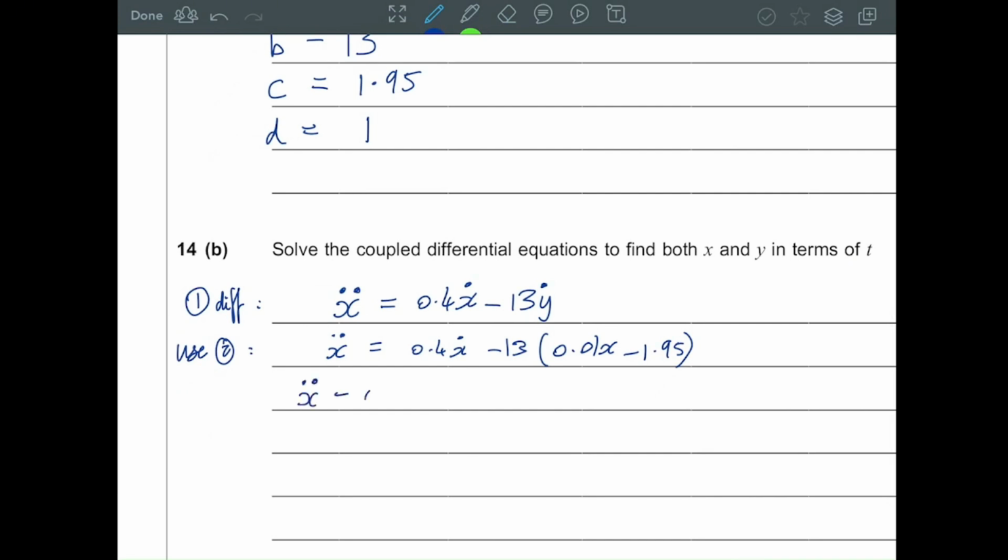So let's rearrange it to make it look like a second order differential equation. Plus 0.13x equals 13 times 1.95, 25.35. So now our auxiliary equation tells me lambda squared minus 0.4 lambda plus 0.13 equals 0.